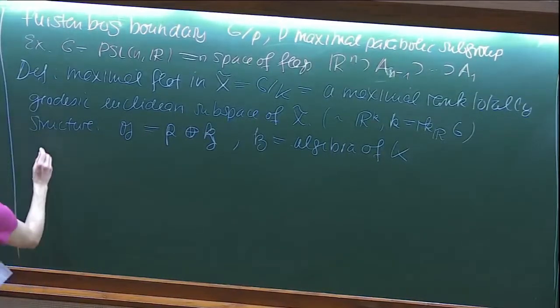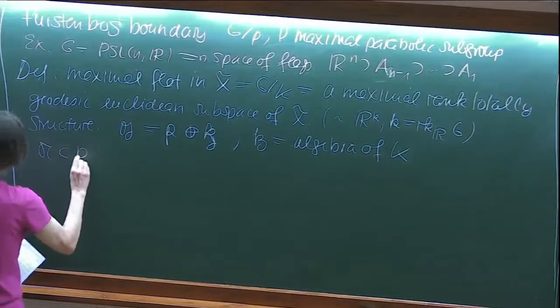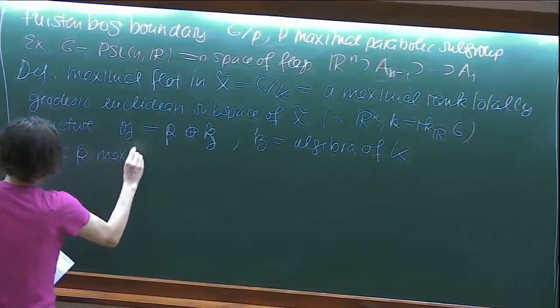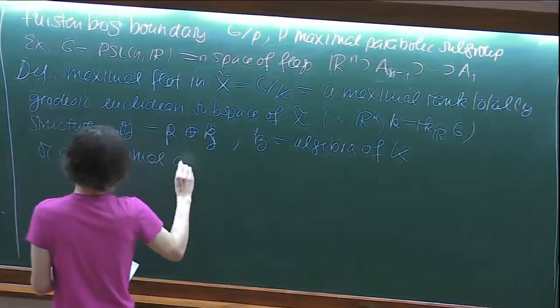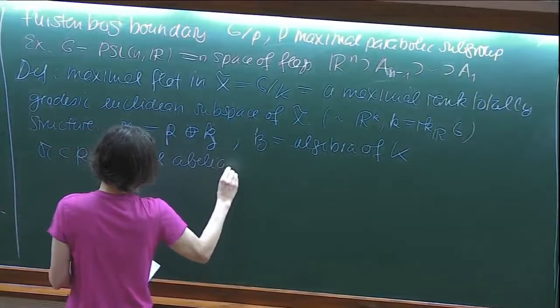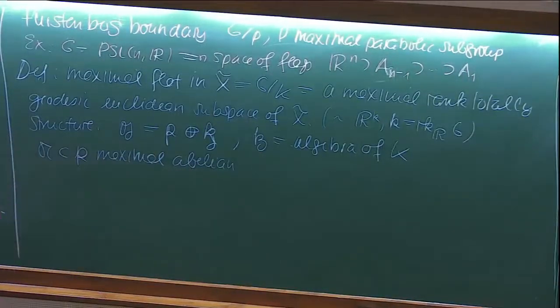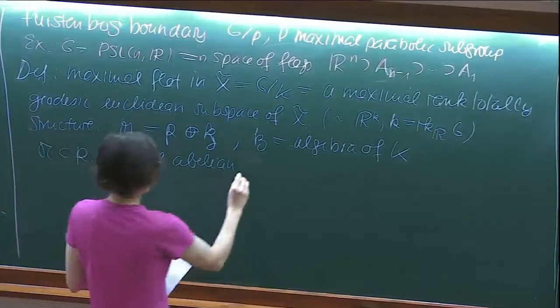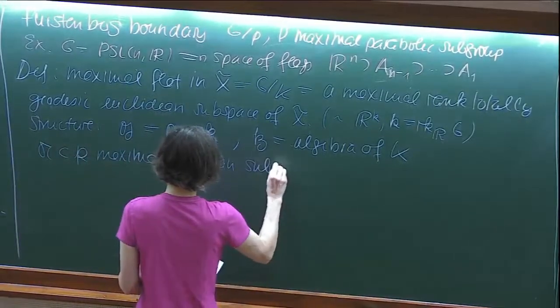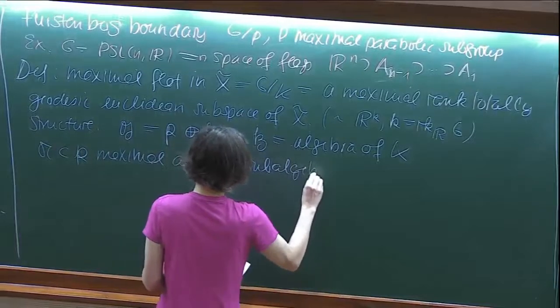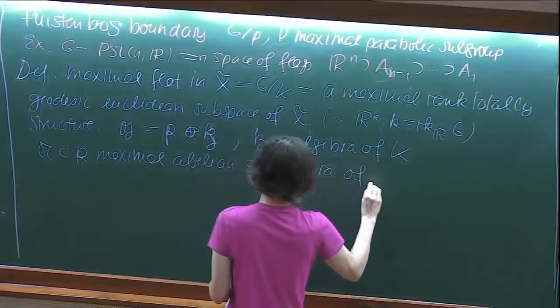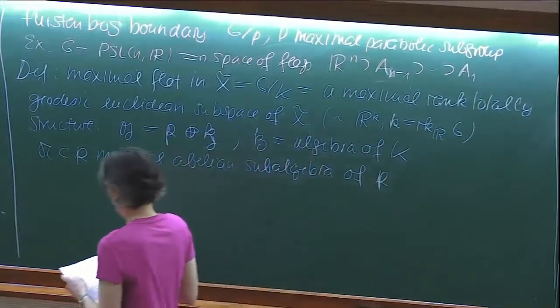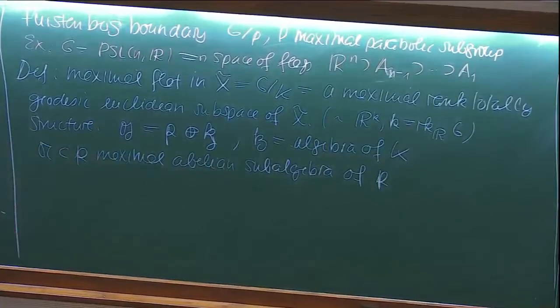And now we take a in p, a maximal abelian subalgebra of p, abelian meaning the Lie brackets between elements vanish.